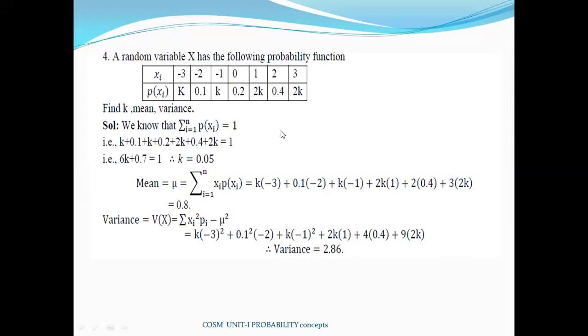For the last value, 3 into 2k. Substitute the k value in this equation, that is 0.05. After simplification, we get the value of the mean as 0.8.